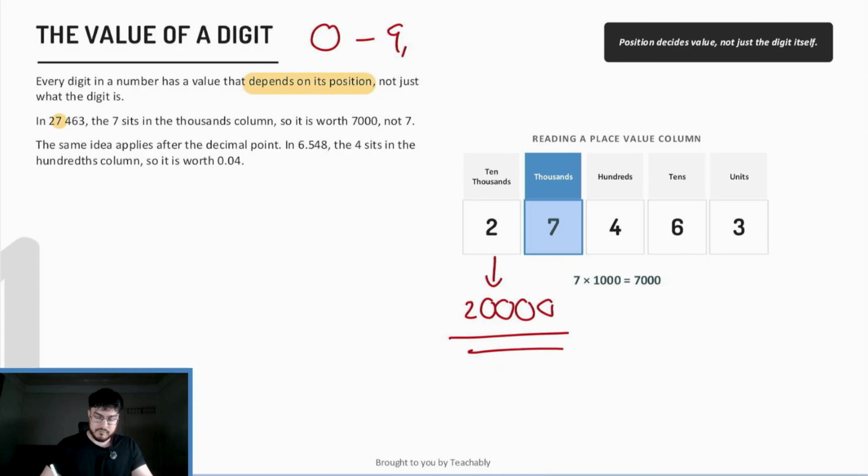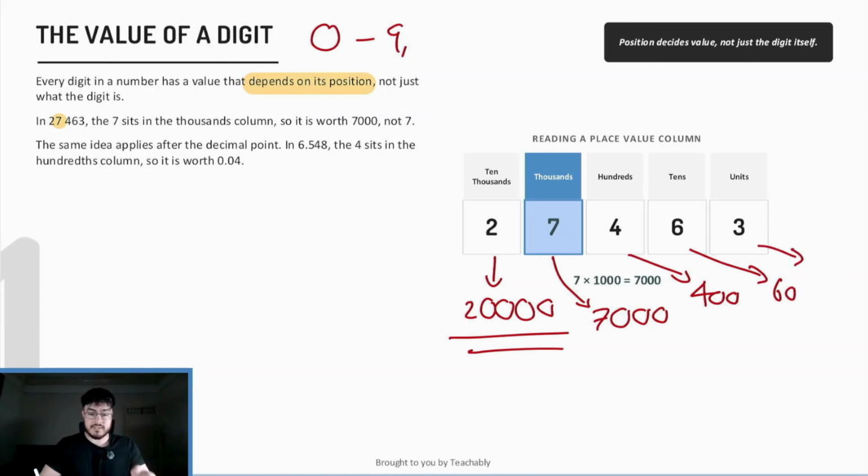The 7 is in the thousands column, so its value is 7,000. The 4 is in the hundreds column, so its value is 400. The 6 is in the tens column, so its value is 60. And the 3 is in the units, so the digit is its value, which is 3.